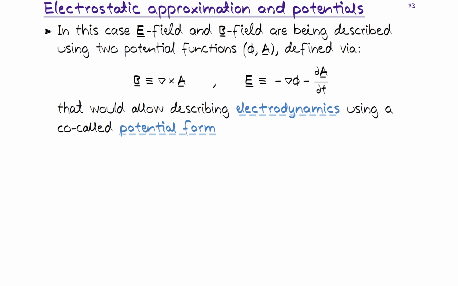With this formulation, we can relate the E field and the B field with the scalar and vector potential. This would allow us to describe electrodynamic processes, everything we can imagine, using these potentials. So essentially, we would describe electrodynamics in a so-called potential form. In some cases this is highly useful, but in our course we do not really deal with this.